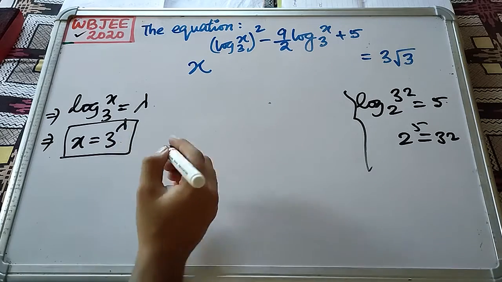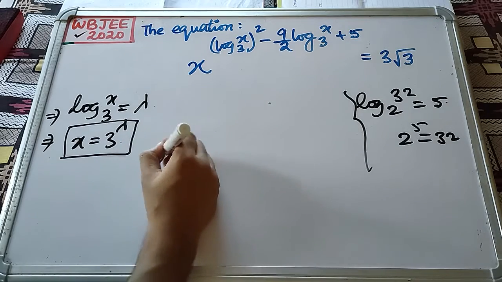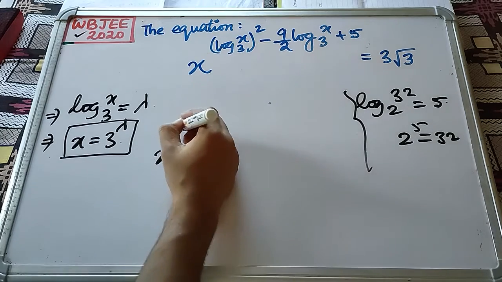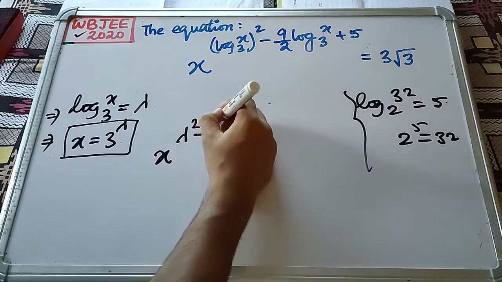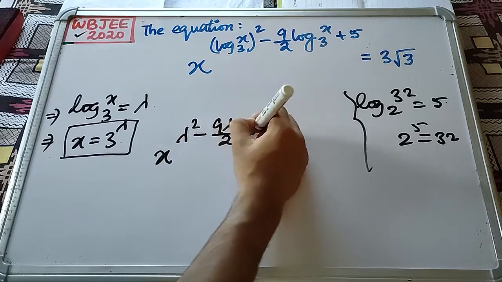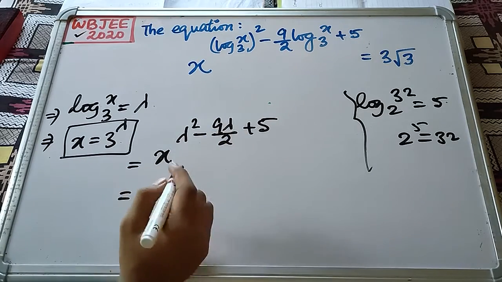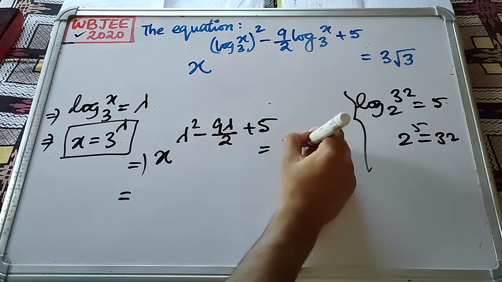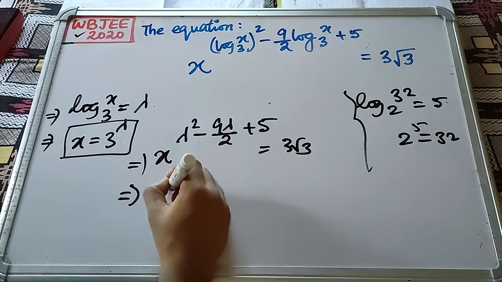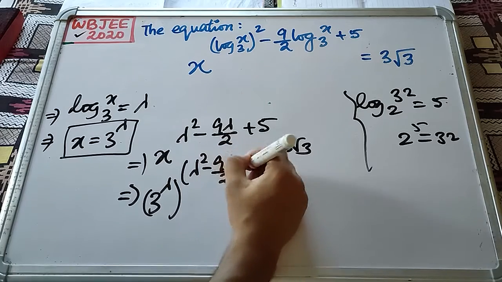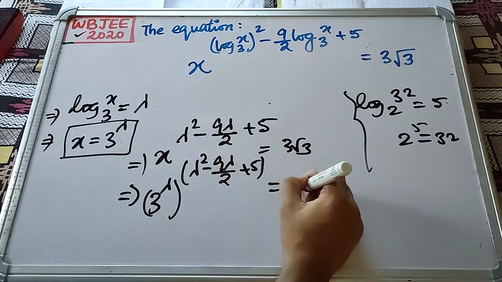So now let us rewrite this question. It's actually x power lambda squared minus 9 lambda by 2 plus 5. And what is x? x is actually 3 power lambda. This equals 3 root 3, so 3 power lambda, to the power lambda squared minus 9 lambda by 2 plus 5, equals 3 root 3.